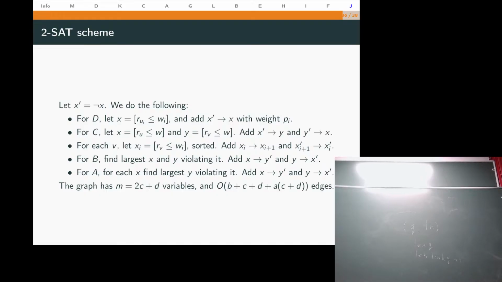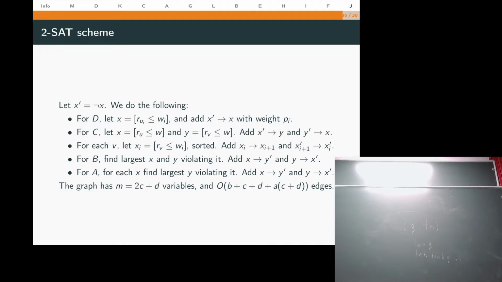We go over all constraints imposed on the first vertex, and we find the largest constraint imposed on the other vertex that would violate the constraint. And we also say that for the problem to be feasible, they must not be violated at once.